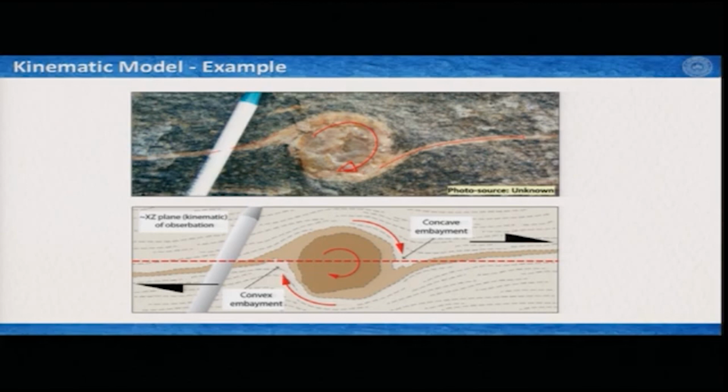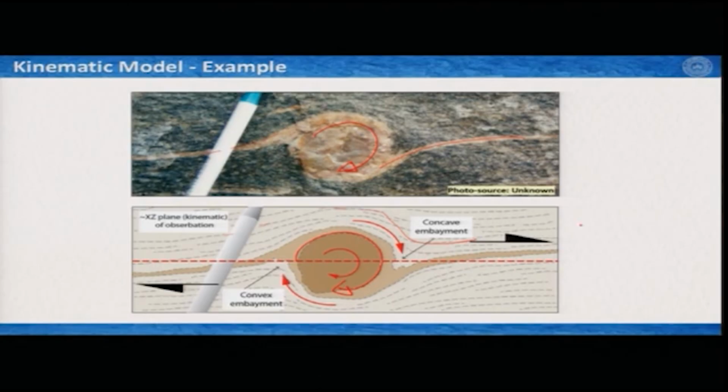You can also construct these foliations or little layers outside, with that concave embayment, which also proves that while this little ball was rotating, it was also dragging the other layers.